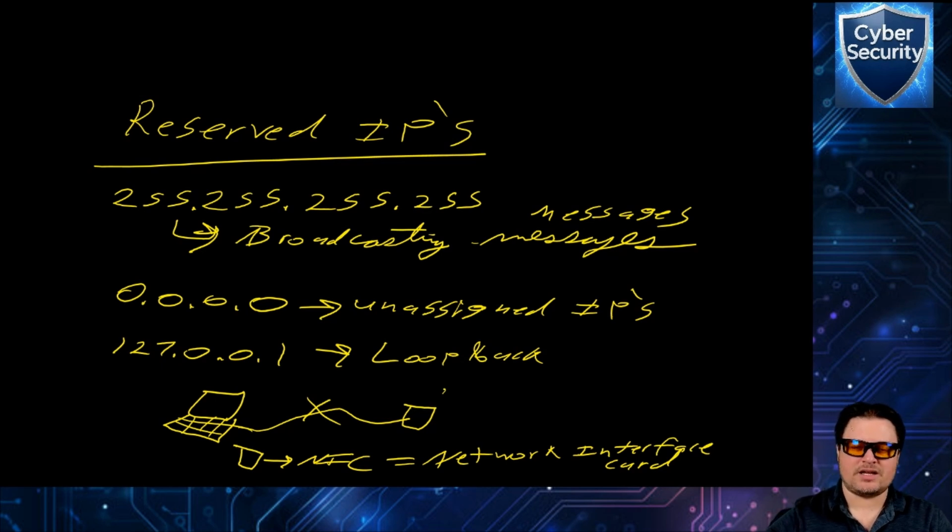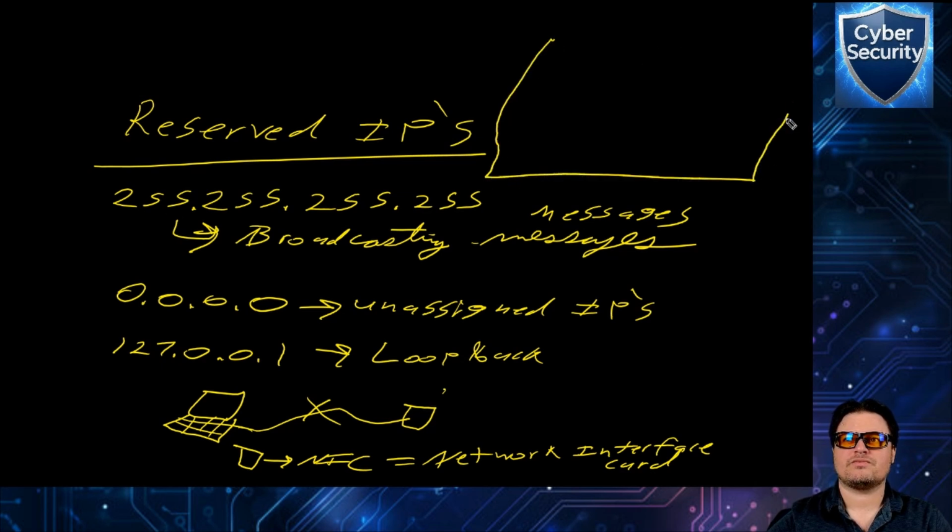Now you could test that network card by doing a ping test to the 127. So you open up your command prompt, your CMD. You could click on the Windows icon in the lower left. I think on Windows 11, it's actually more in the middle now.